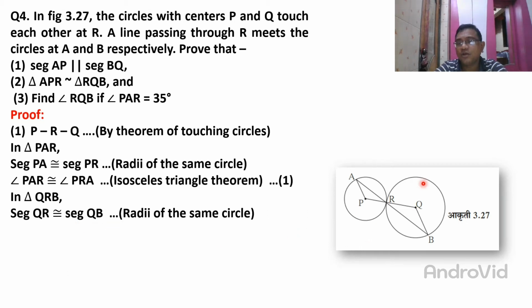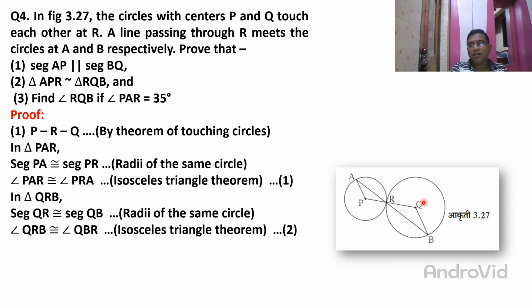QR's opposite angle B is congruent with QB's opposite angle R. So angle R and angle B are congruent. We can write here that two sides are congruent, so their opposite angles are congruent, by the isosceles triangle theorem. So angle QRB is congruent with angle QBR.